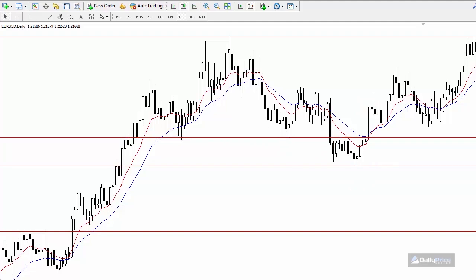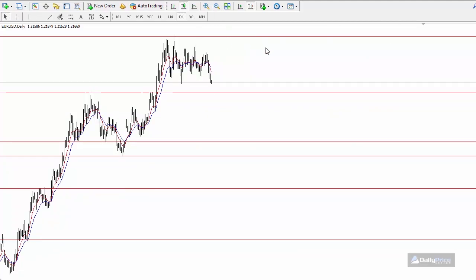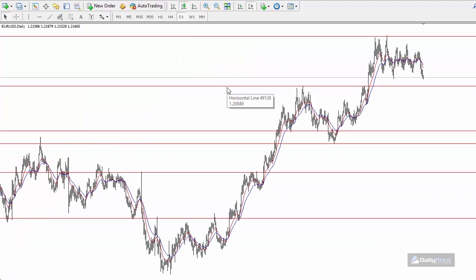All right, so here's where the magic happens with the Fibonacci tool. If I zoom out, what I like to do is use the Fibonacci tool on major swing lows and highs. One general rule is that the longer the market trends higher or lower, the more important the Fibonacci levels will be.